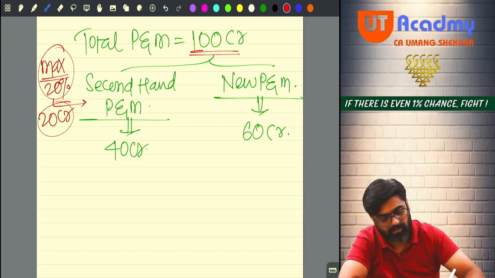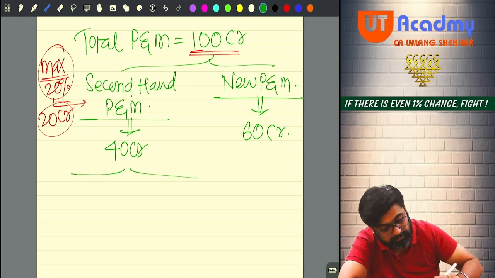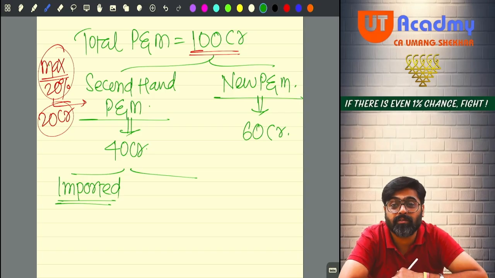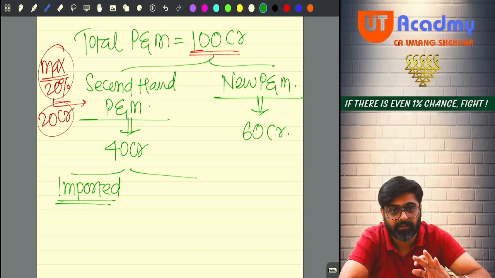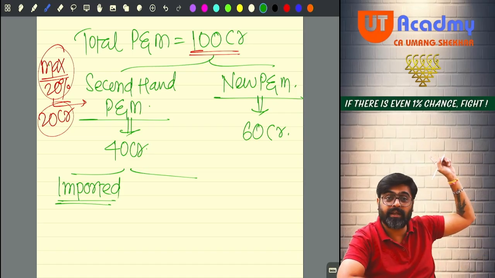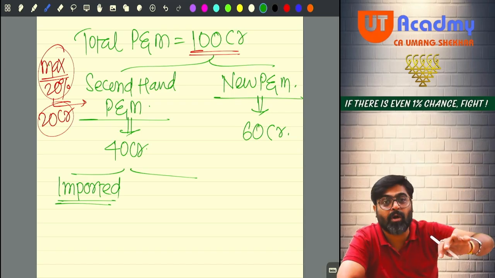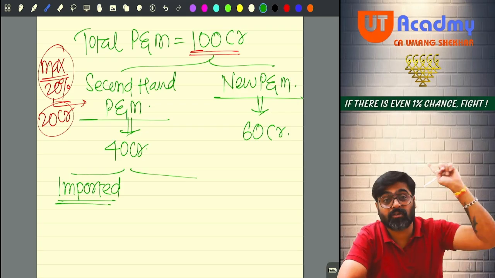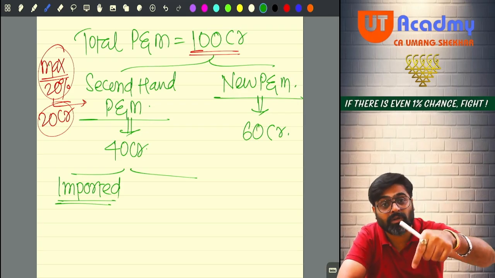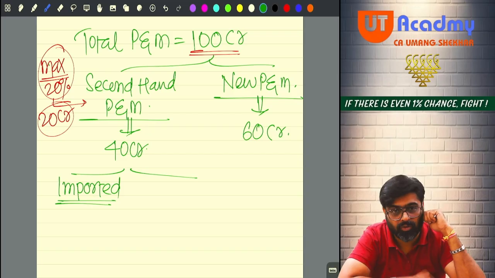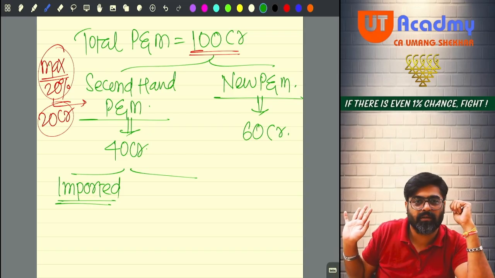Wait. Out of this 40, some is imported. Imported means second hand only, but not used in India. It was used outside India by someone else, and you are importing it from outside India. And for that plant and machinery, the cost was not allowed as a deduction to the seller under the Income Tax Act. So you are buying from Mr. X, who is outside India.